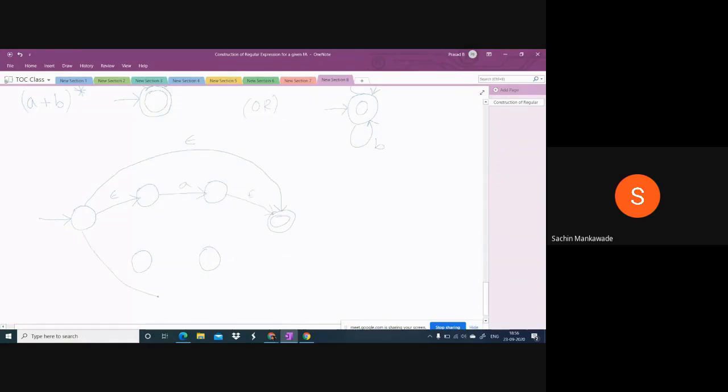It may have A square. This is for the first A, then again come back on epsilon. This is for the second A, again come back on epsilon. This is for the third A, again come back on epsilon, like that.